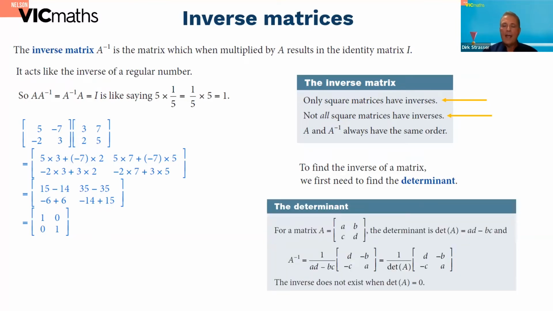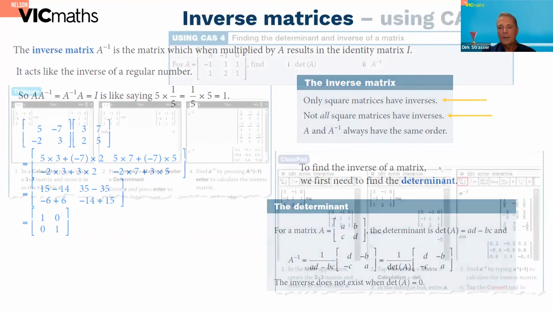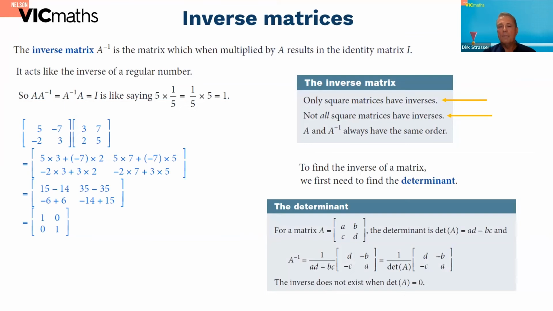I'm not going to go through it now. It looks a little bit messy there, but usually students can cope with that pretty well after they've done a couple of examples. The important thing is that the inverse does not exist when the determinant is 0. That's a calculation that you do from the numbers in the matrix, and if that's 0, the inverse doesn't exist.